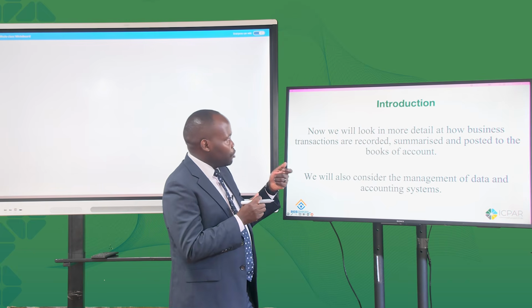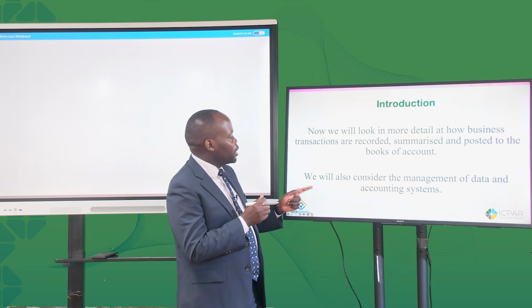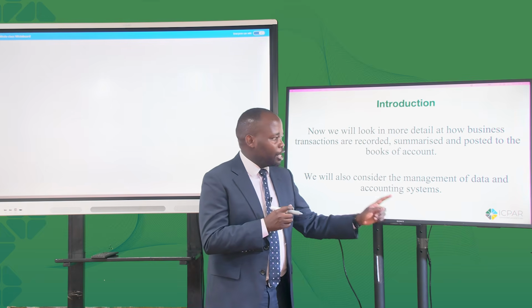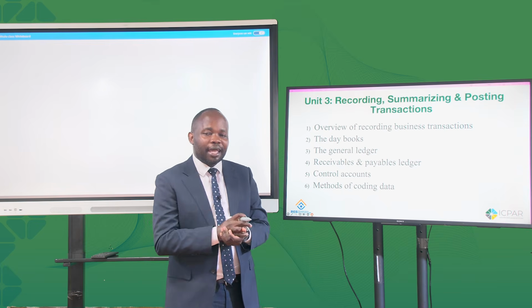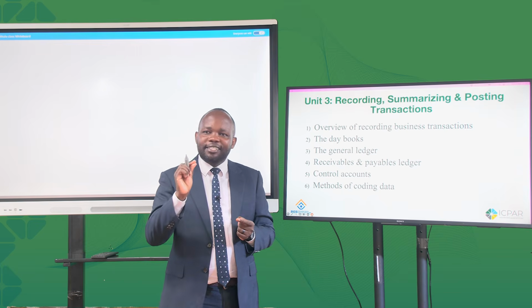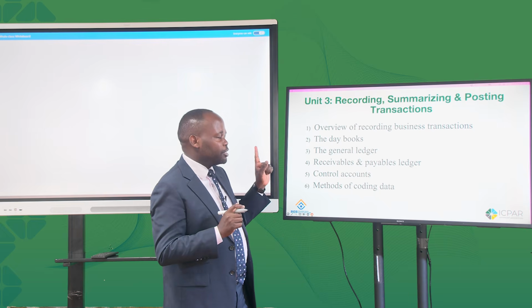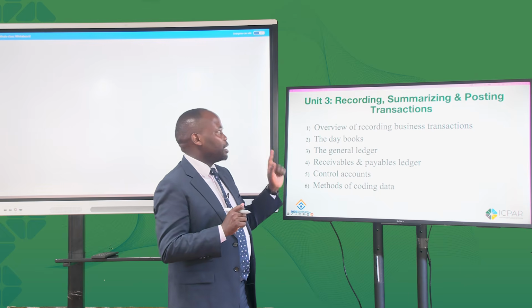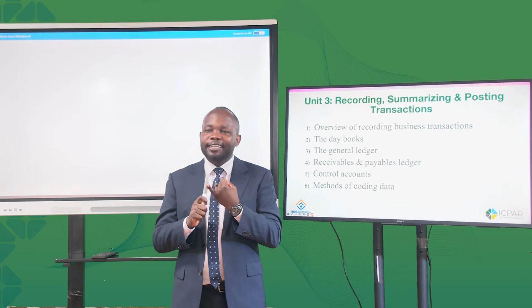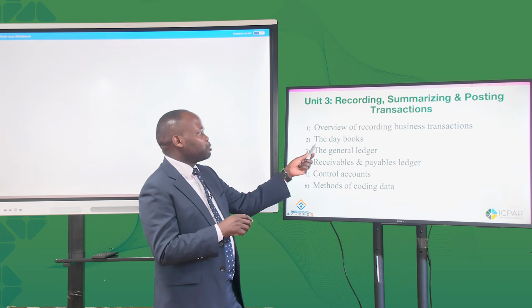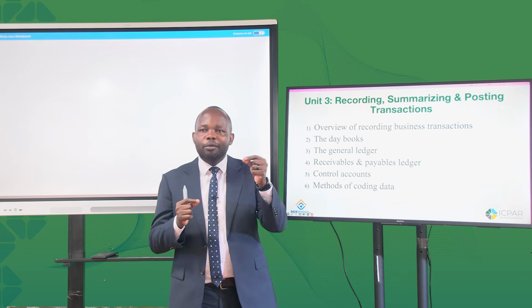So in unit 3, we will consider the management of data and accounting systems. There are 6 areas or 6 subtopics under this unit number 3. The first subtopic is an overview of recording business transactions. The second subtopic is what we call day books.